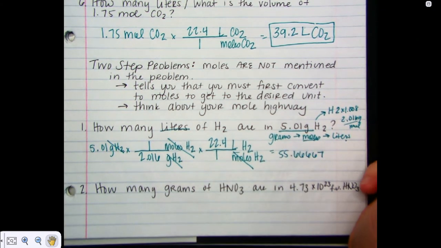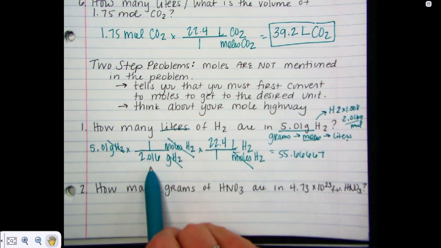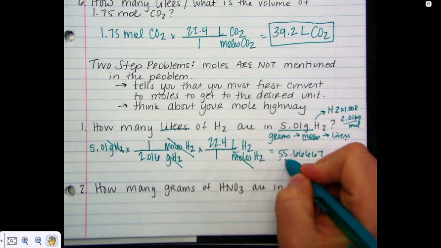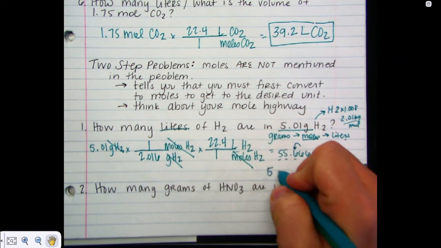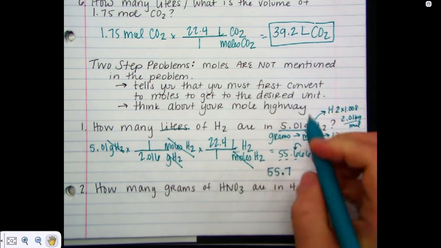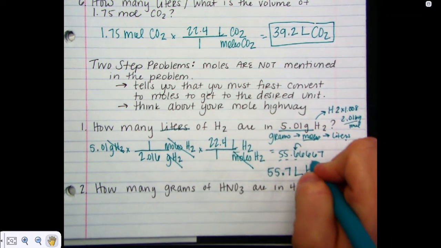Okay. Now let's check my sig figs. 3, 4, a constant. So I've got to go 3. So 1, 2, 3. This is going to round over. So my answer is 55.7. Liters are the units that I did not cross out. Liters of H2.